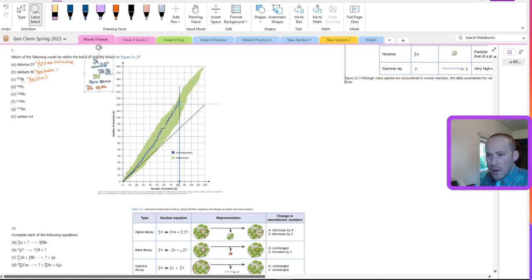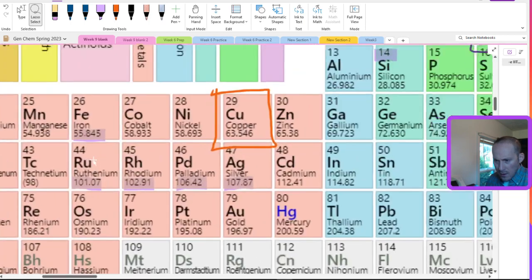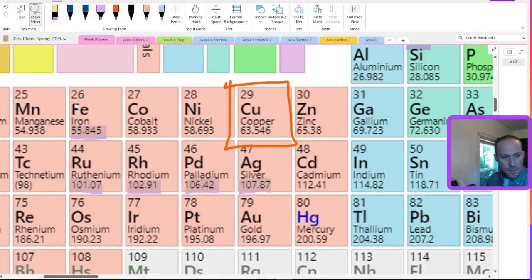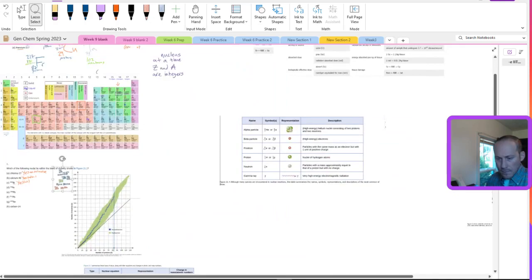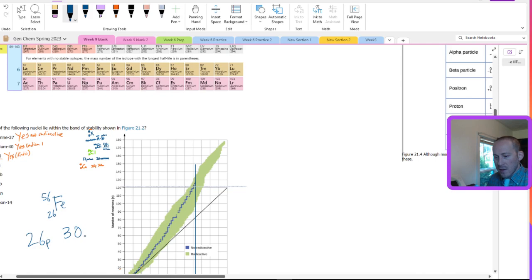And so iron, 56. And iron is element 26. So obviously it's got 26 protons, and it must have 30 neutrons.